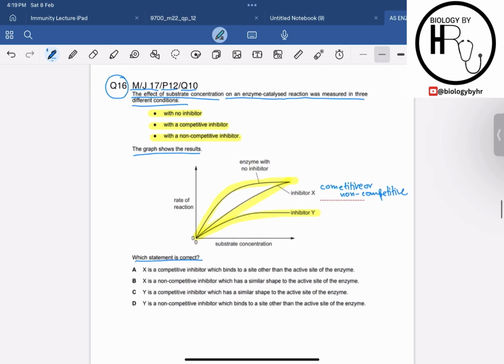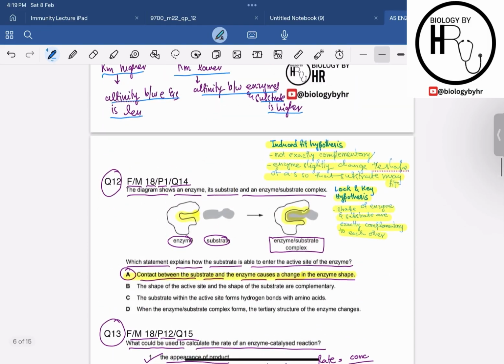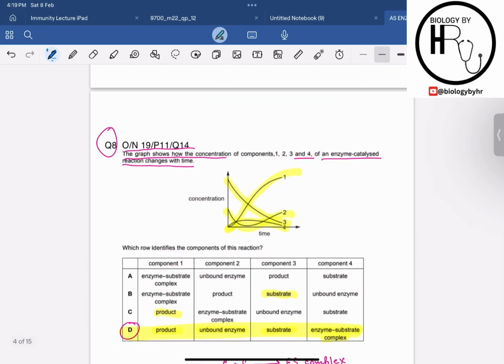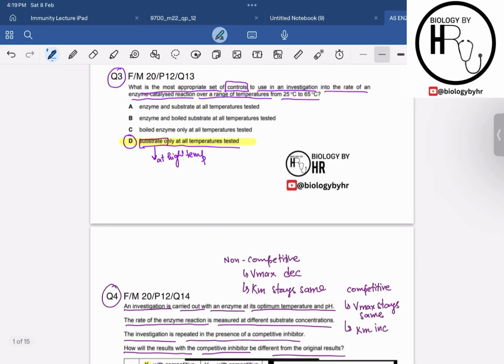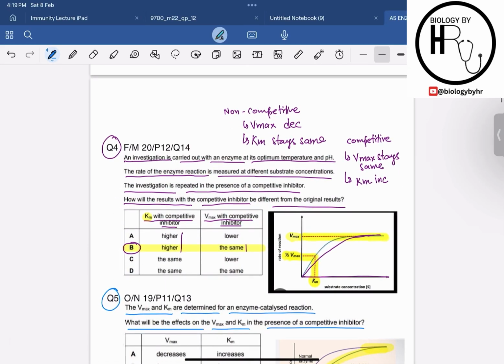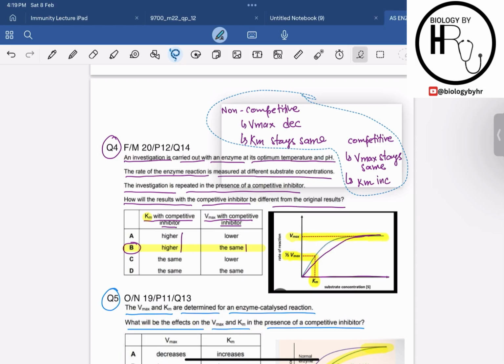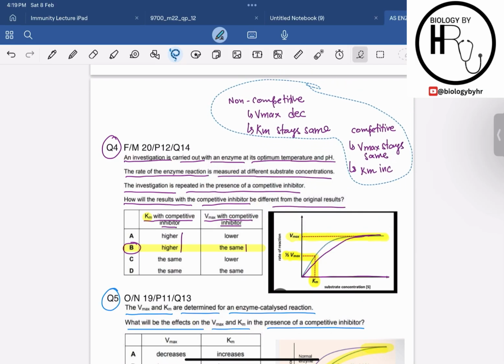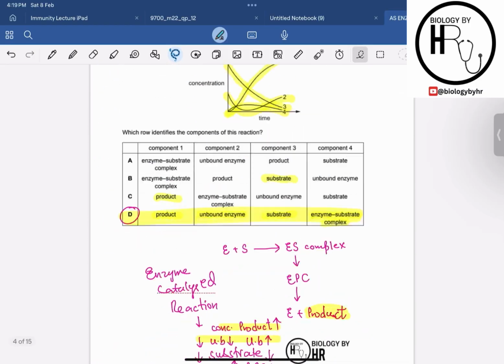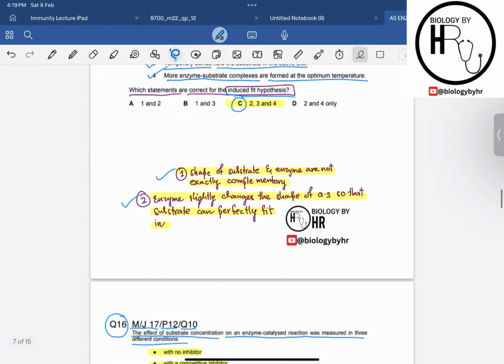Alright, so we did a question similar to this above as well, where we talked about the competitive and the non-competitive inhibitor. Over here you guys can see the things we studied about the competitive and non-competitive inhibitor.